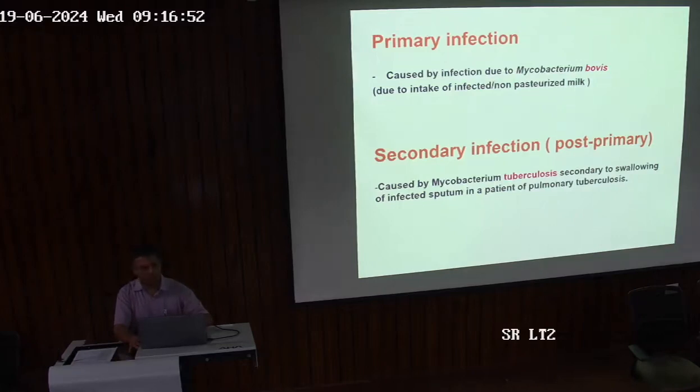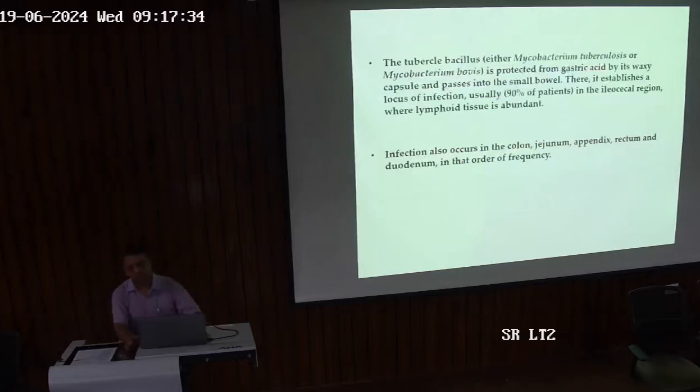So the tubercle bacilli, either bovis or tuberculosis, is protected from the gastric acid by a thick wall of the bacteria.